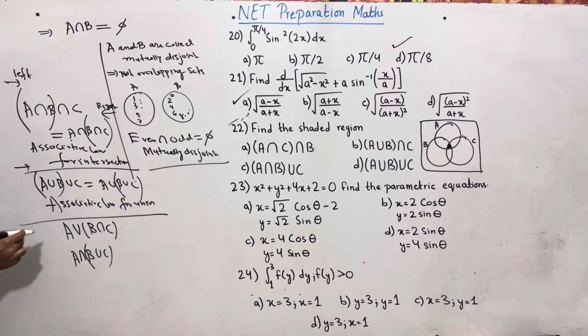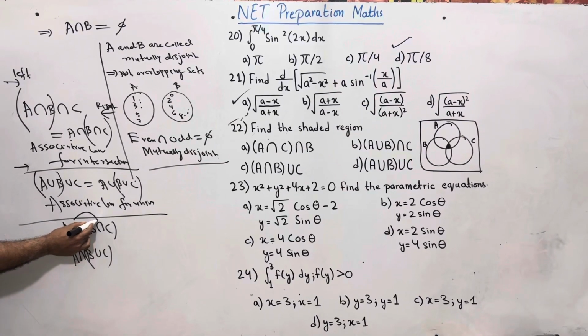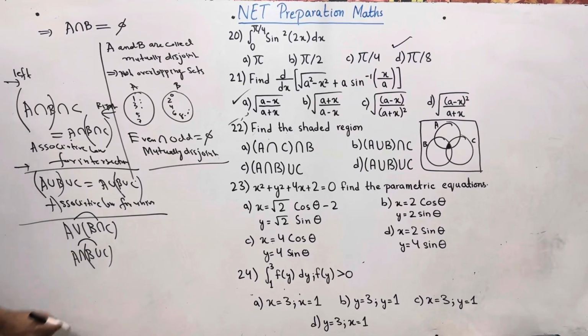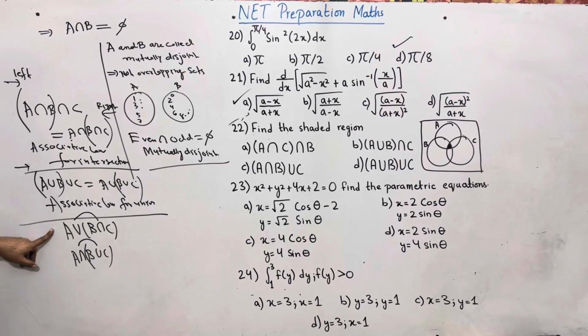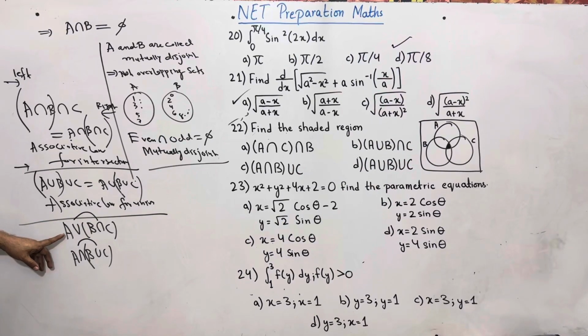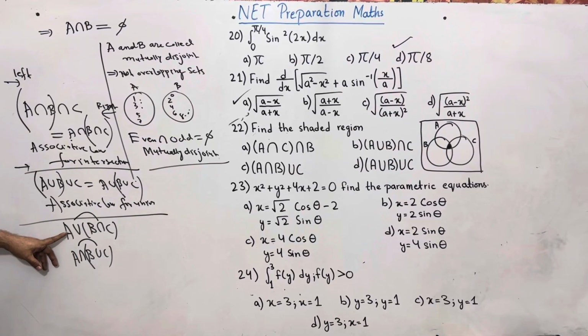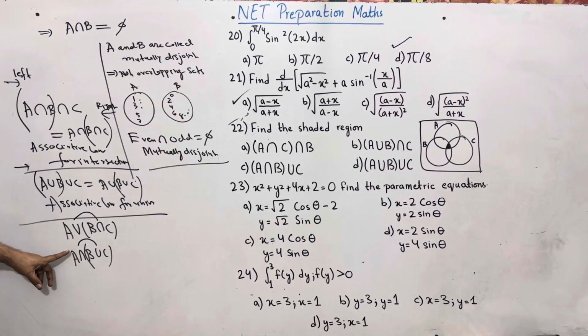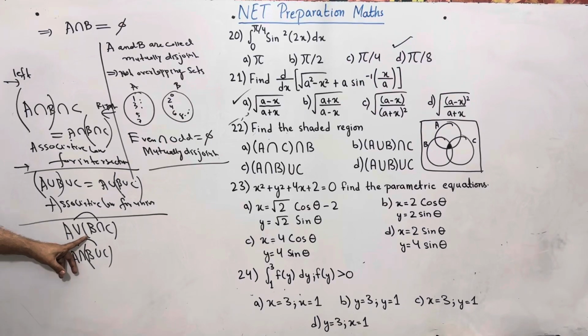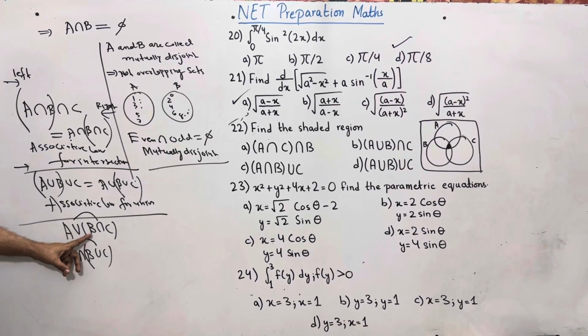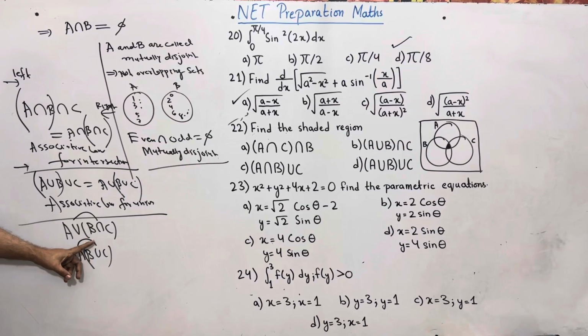Here there is a difference: union, then intersection. It reads as the distributive law of union over intersection. And this one reads as the distributive law of intersection over union.